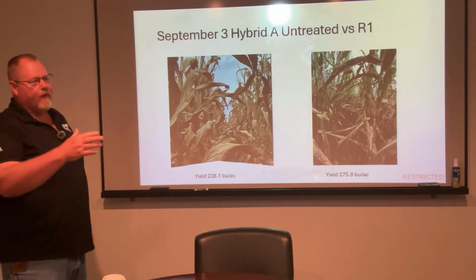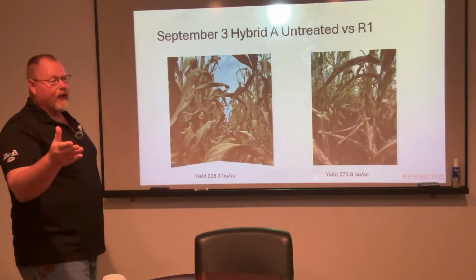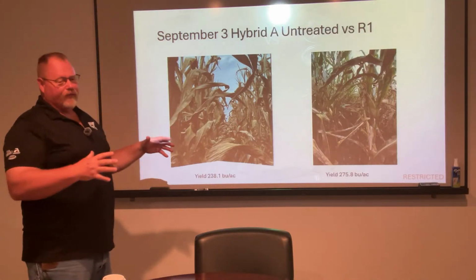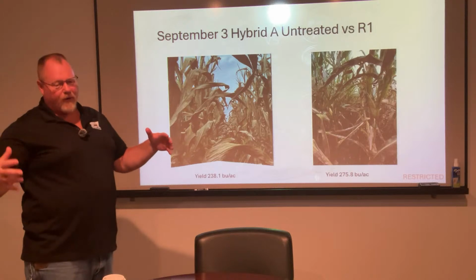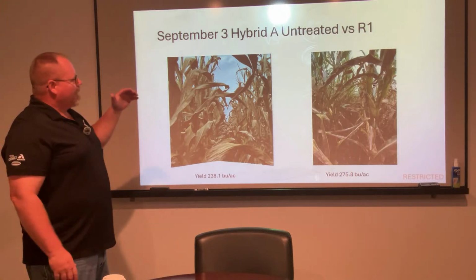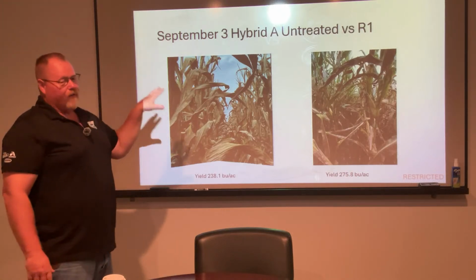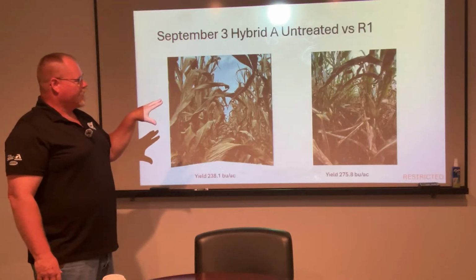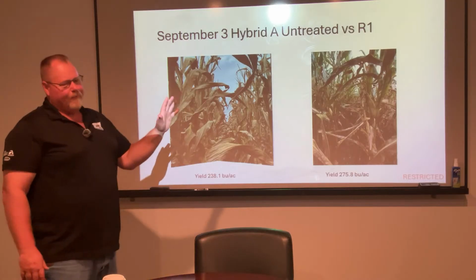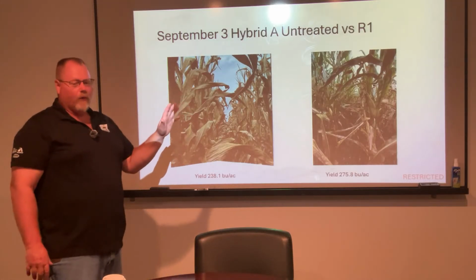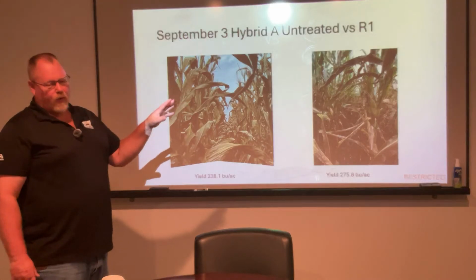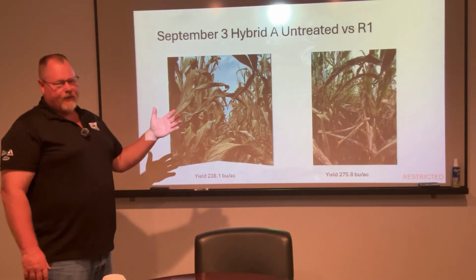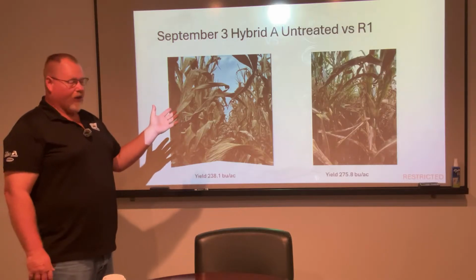And some of that would have been there were some 106, 107 day corn, so it's a little bit unfair to compare the harvest intactness of 106 day to 118 day, but this plot got harvested really early, and that's the point that Heather and I wanted to make too, was that even though we didn't see what we thought we would see from that sequential application, where we would see a yield increase, had we harvested it a month later than we did, this plot got harvested really early.